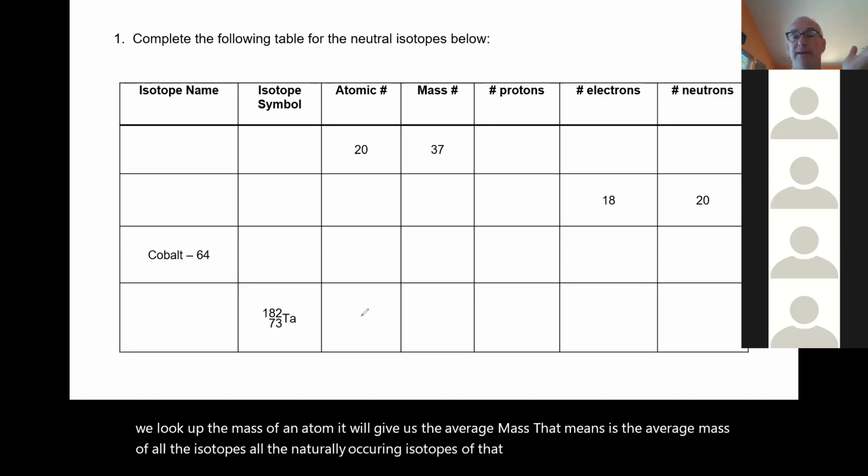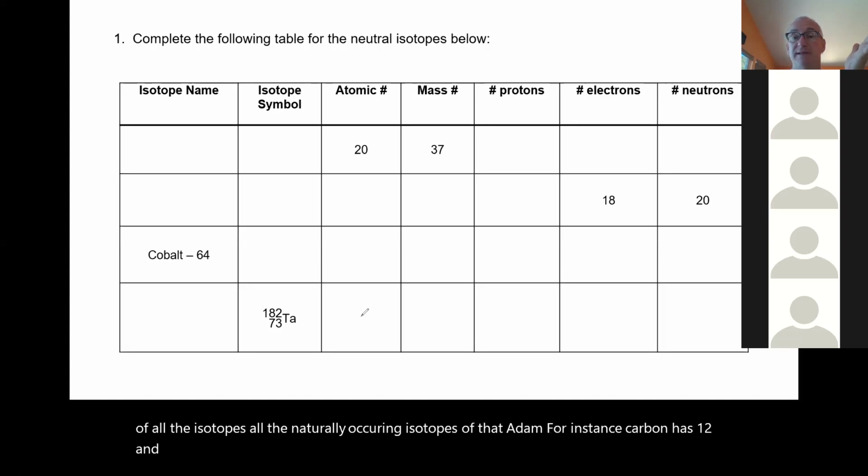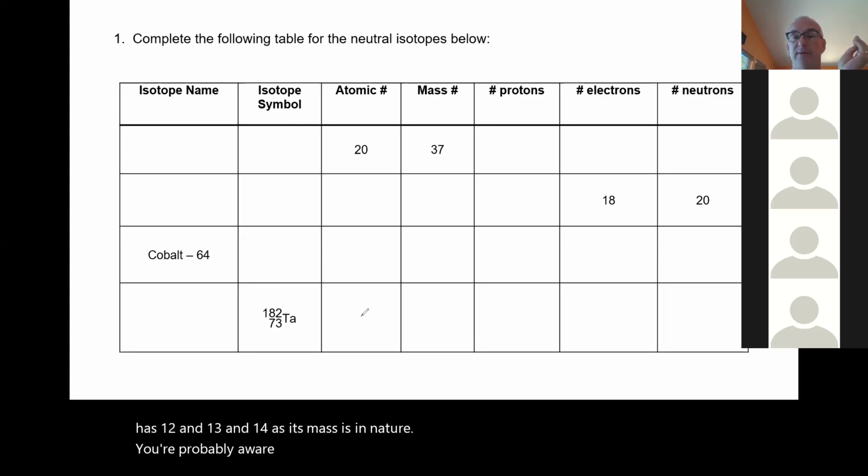For instance, carbon has masses of 12, 13 and 14 in nature. You're probably aware of carbon 13 and carbon 14 dating for rocks to figure out how old they are.